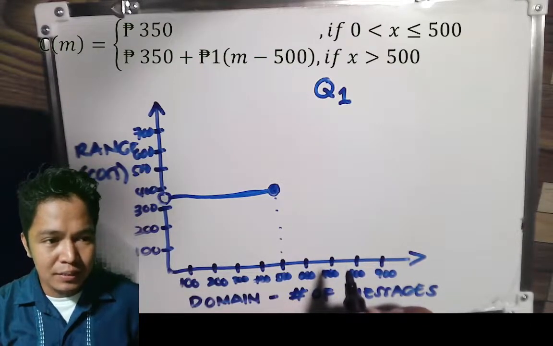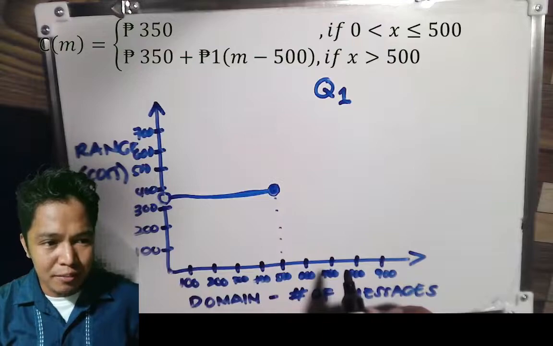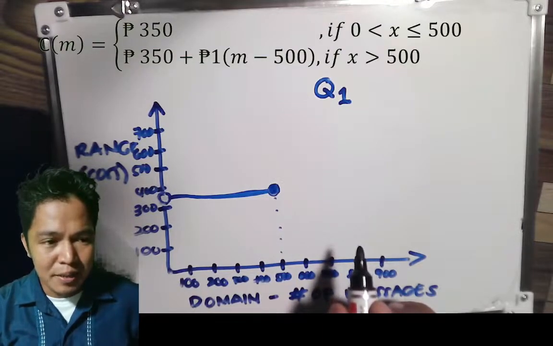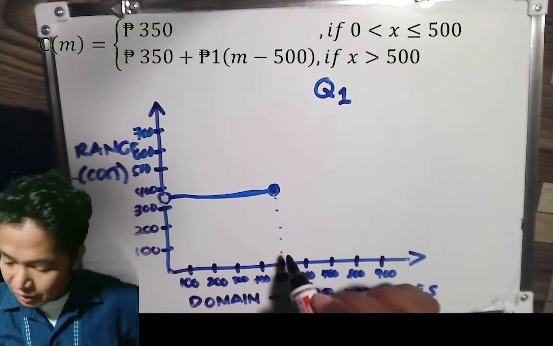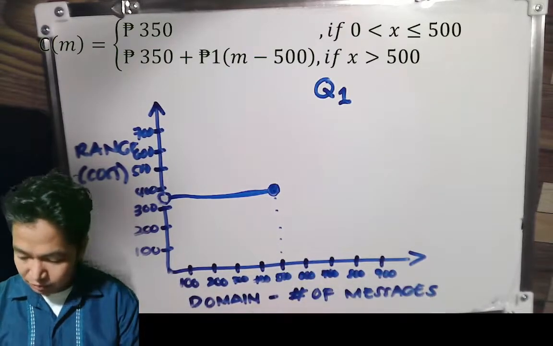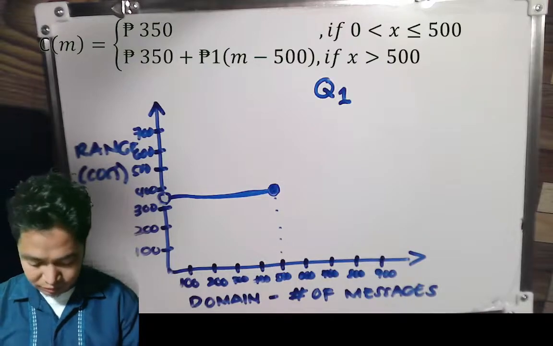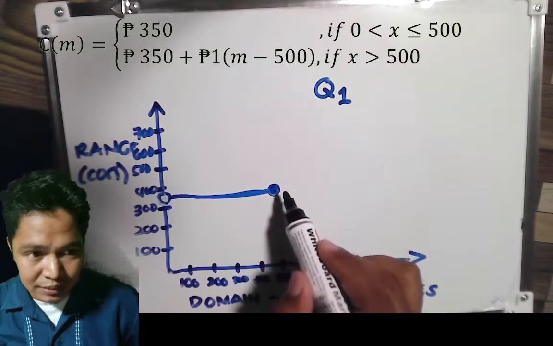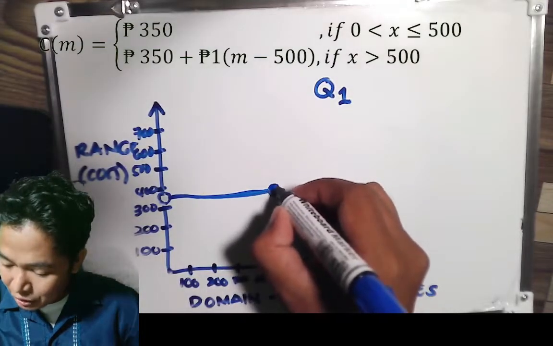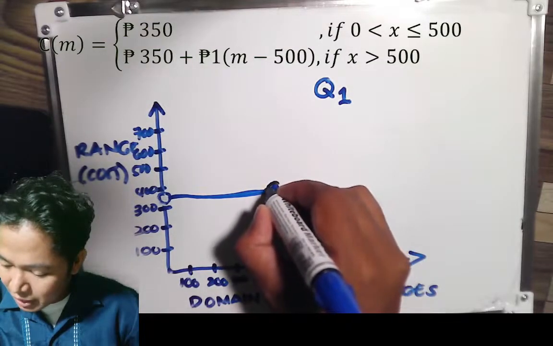Then, kapag naman ay 350 plus 1 peso times M minus 500, your representation will be X is greater than 500. So, ibig sabihin, dito siya mag-i-start, pero open dot siya.